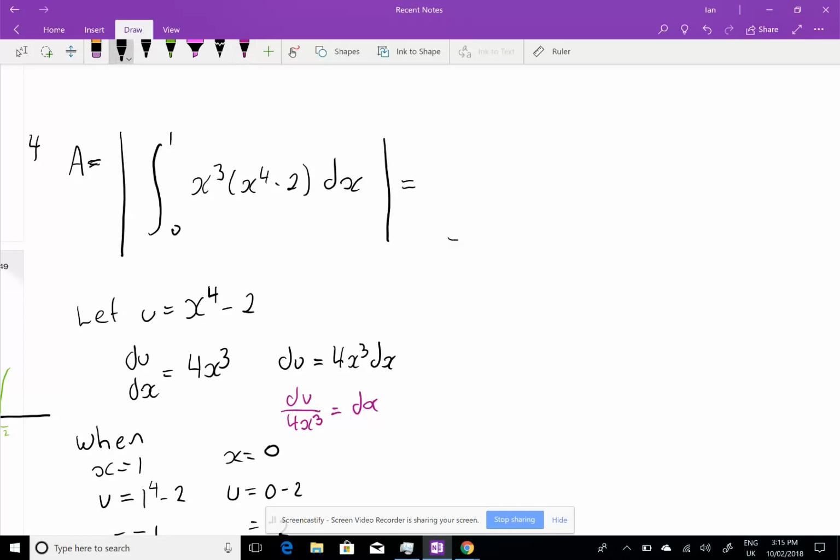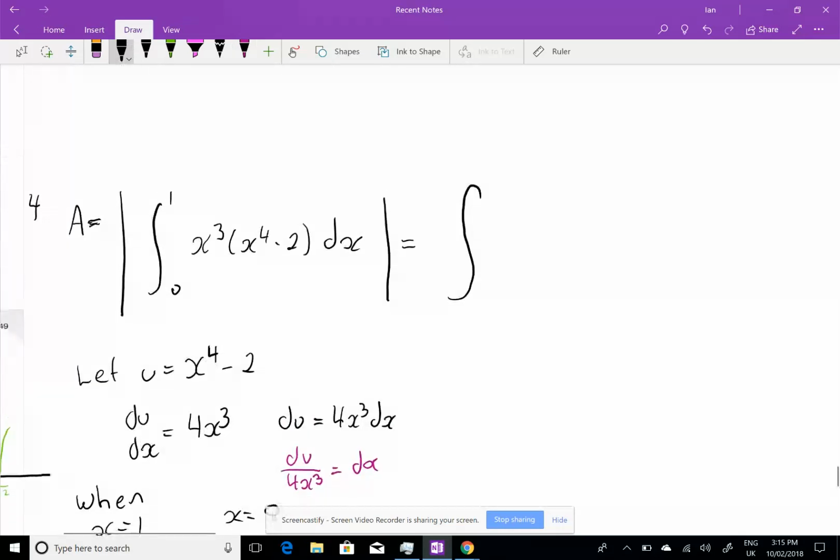Okay, so this is going to equal, so I've changed my parameters, minus 1 to minus 2. I've now got x to the 4 minus 2. I'm going to move this x cubed to the other side, dx, and now I'm going to put a 4 in. I'm going to take a 4 out.